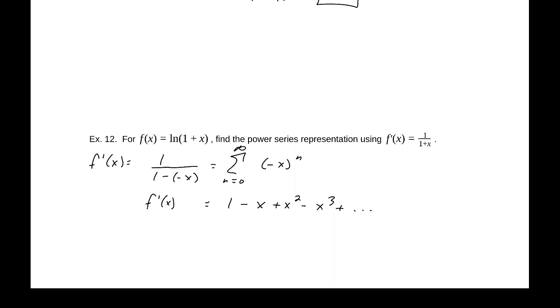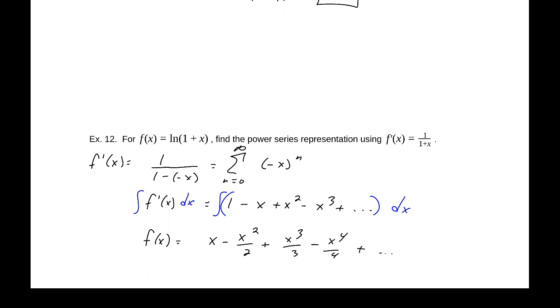So let's go ahead and take the integral of both sides with respect to x. So this will give us f of x is x minus x squared over 2 plus x cubed over 3 minus x to the 4th over 4 plus etc. Now we want to have c, our constant there.